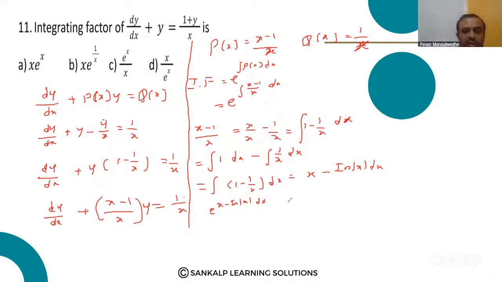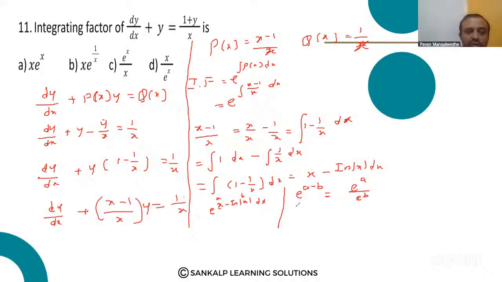Now it can be rewritten by simplifying the integrating factor, that is e raised to a minus b. You can treat this as a and this as b. e raised to a minus b is e raised to a upon e raised to b.